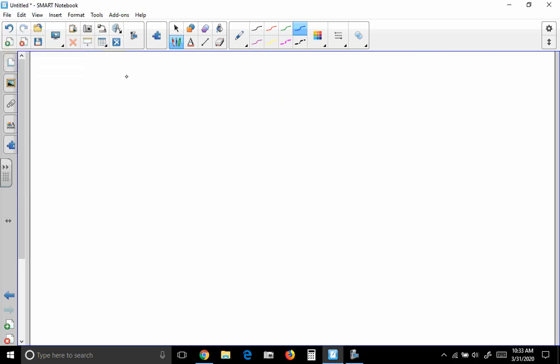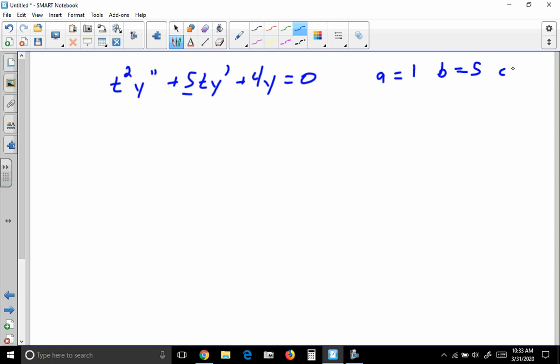Let's do t squared y double prime plus 5t y prime plus 4y equals 0. So our a, that's the coefficient of t squared y double prime, is 1. b is the 5. c is the 4.